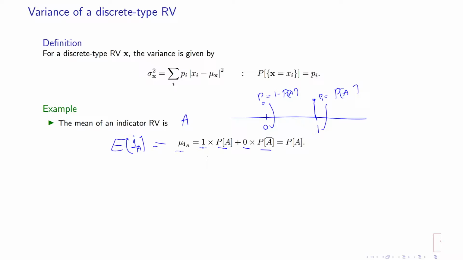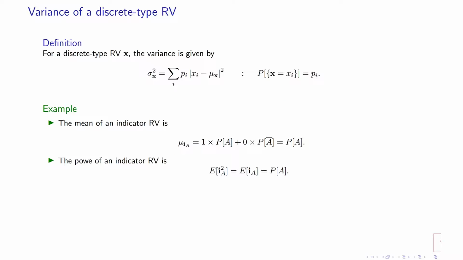For the variance, I could first calculate the mean of IA to the power 2. Basically, IA to the power of 2 is equal to IA, because this variable is either 1 or 0, so 1 to the power of 2 is 1, and 0 to the power of 2 is also 0.